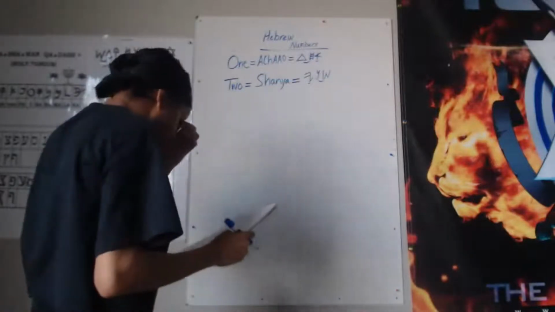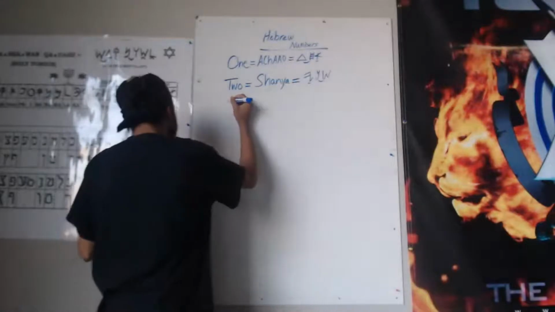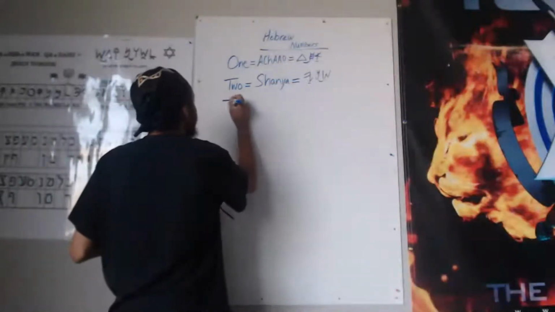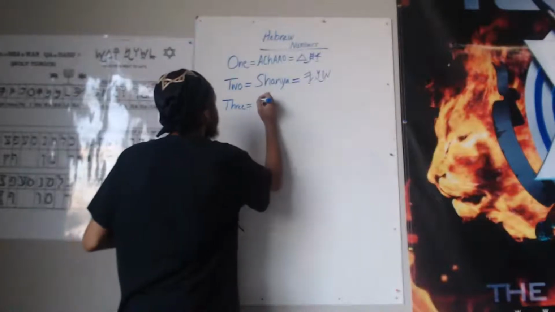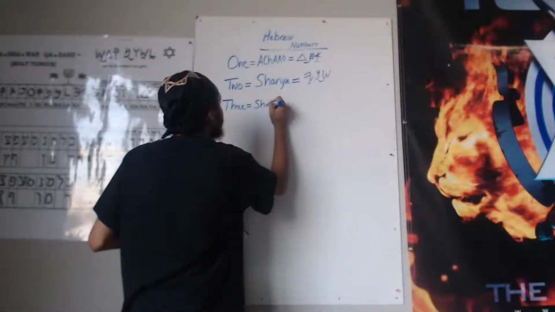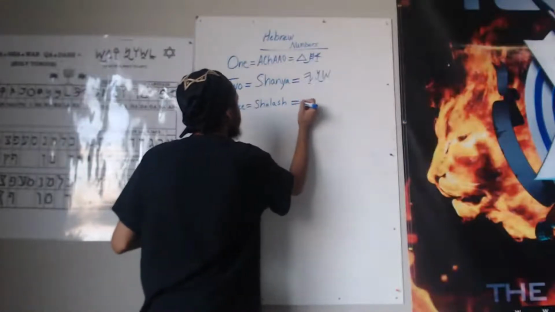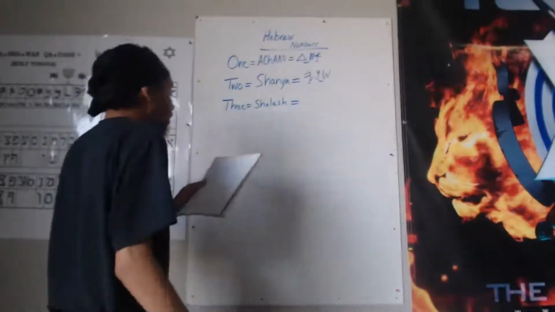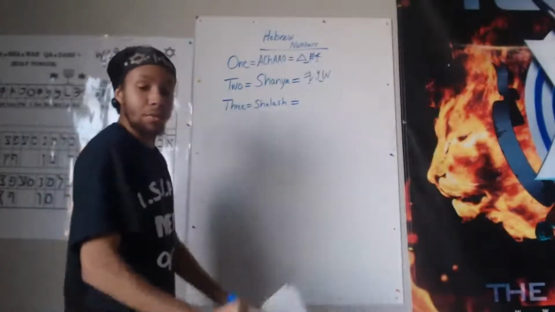All right, what's next? You know what? I've seen this word before. Shalash. Shalash. All right. I believe I've seen it in Tanakh. Okay, that would be for Sabbath service.